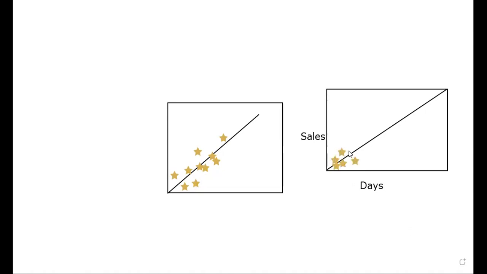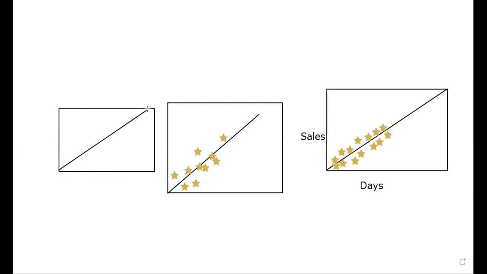This is high correlation. The points are very close. They are somehow scattered, not so high, and this is so high. And when you have perfect correlation, that means you are basically staying on a straight line.